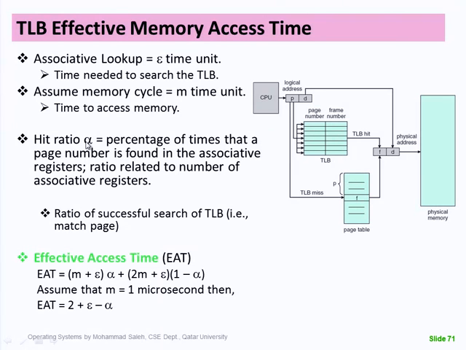Then the effective access time is (m plus epsilon) multiplied by alpha plus (2m plus epsilon) multiplied by 1 minus alpha, where m is the time that you need to access the memory, right? In a miss, I need to do that twice. In a hit, only once.